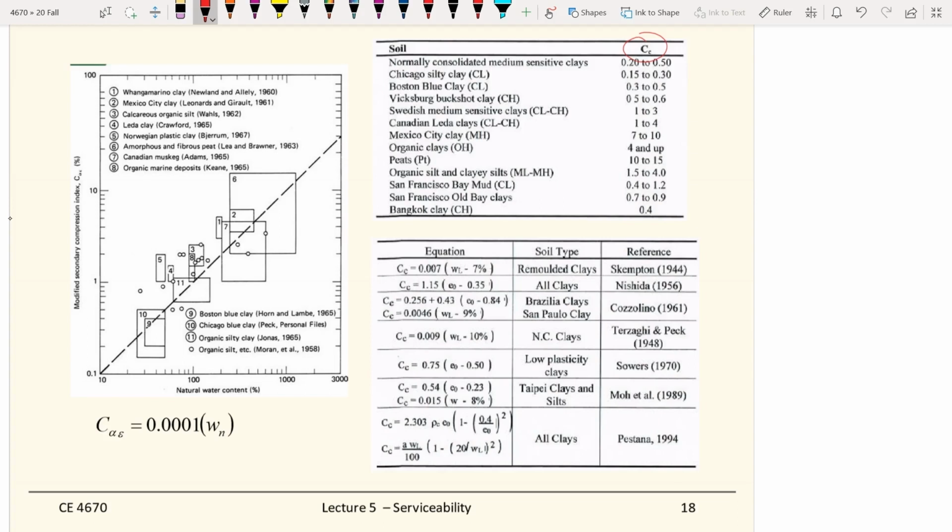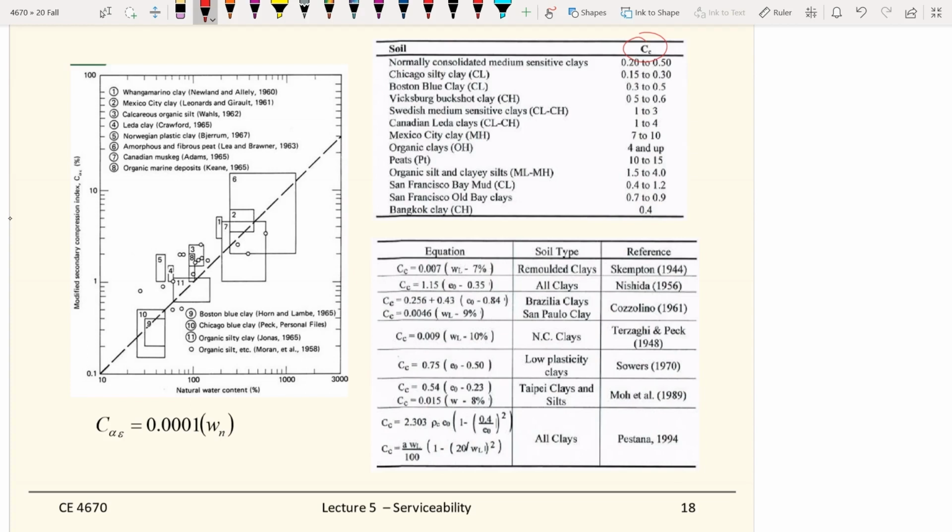Also, in past research, based on the available data from different soils, which are all named here from number 1 to number 11, which are kind of typical soils, people found correlations between C sub alpha and the water content. But you can see the scatter there, so it's quite uncertain.